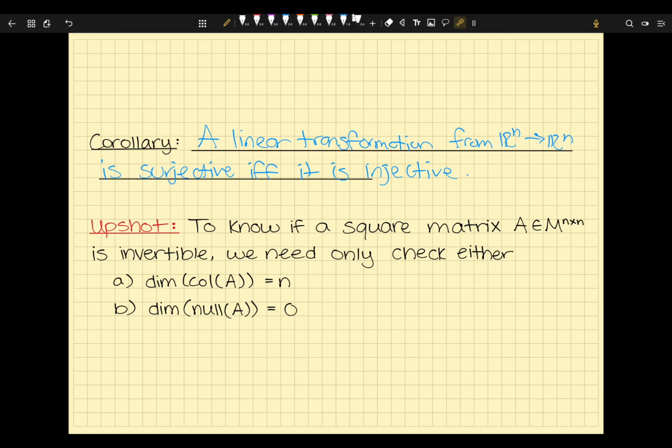The upshot is that to know if a square matrix is invertible, we only need to check one of these two conditions. We only need to check whether the dimension of the column space is n, which was surjectivity, or whether the dimension of the null space is 0, which was injectivity. Right? So in general, to know if a function is invertible, you have to check both conditions.